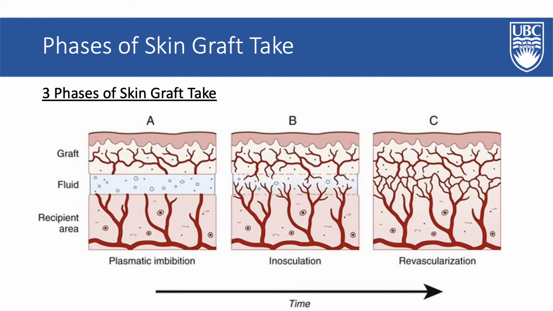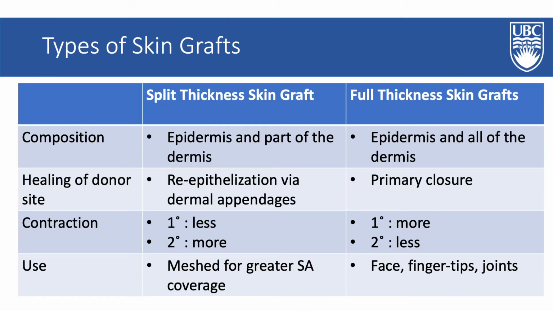Finally, neovascularization of the skin graft occurs on day 4 or 5, where the graft is revascularized by ingrowth of new blood vessels, extracellular matrix deposit, and maturation. This results in the stable anchoring of the skin graft to the recipient site.